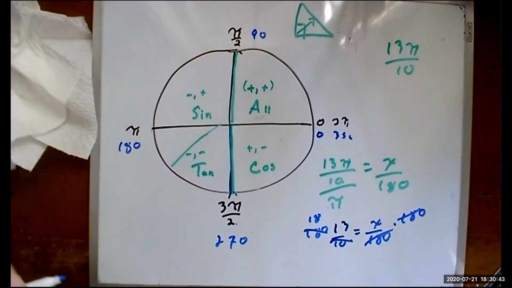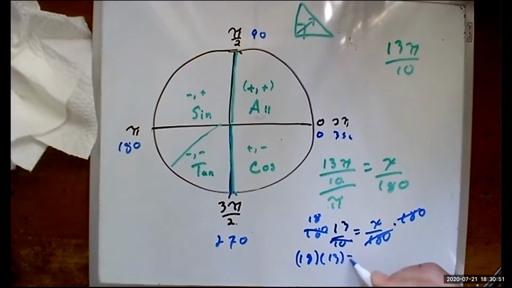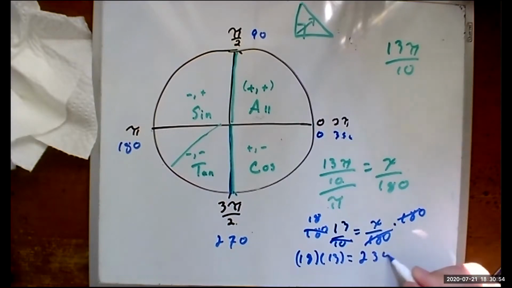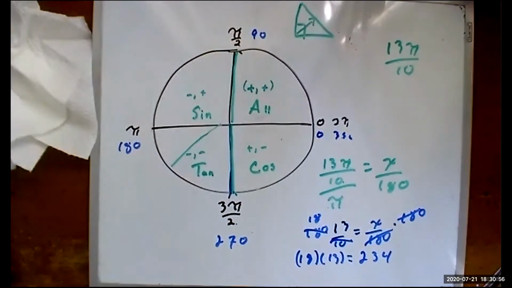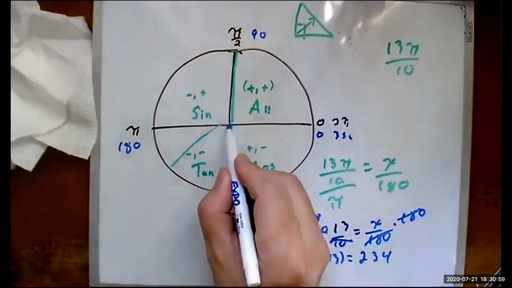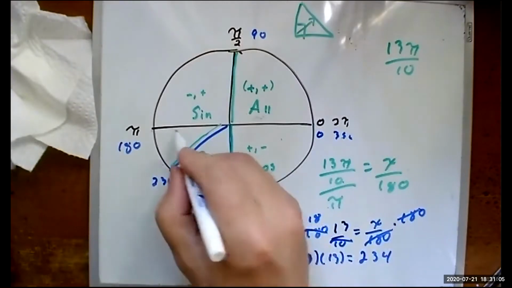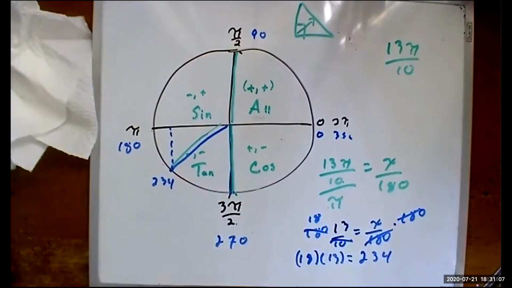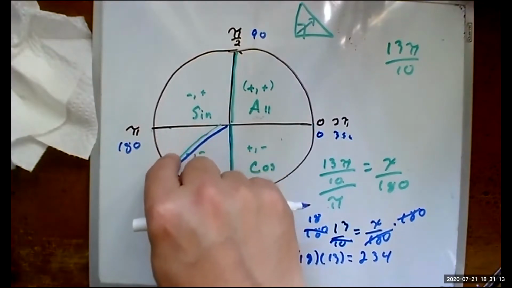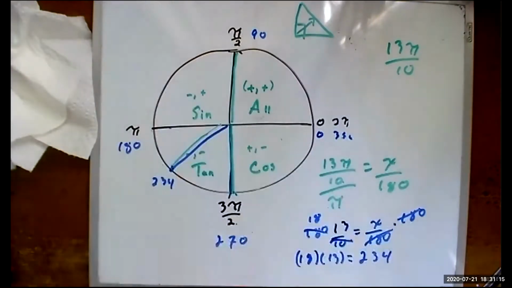On your calculator that comes out to 234. So 234 is somewhere in here. Let's say 234. And that is going to be your smallest, sorry, that was habit. I always, as soon as I'm doing something, I'm looking for the reference angle. Because I'm at less than 360, 234 is the angle that is coterminal.